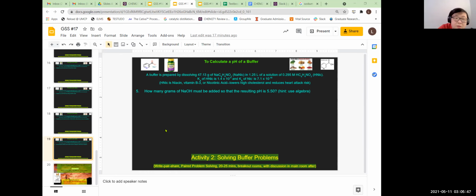You have to recognize that this is actually a strong acid, it's nitric acid. If you're going to memorize the strong acids, it's nitric, perchloric, hydrochloric, hydrobromic, hydroiodic, and one more, which is sulfuric.